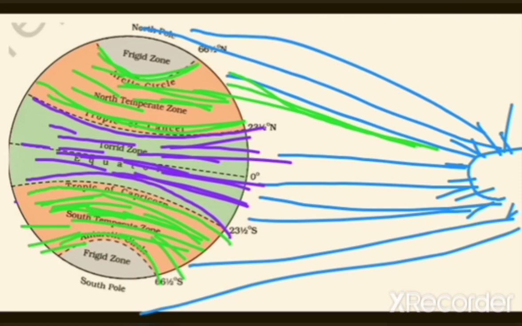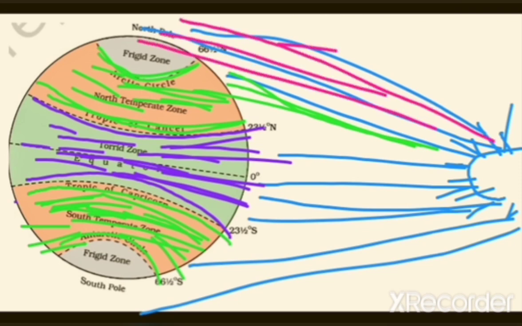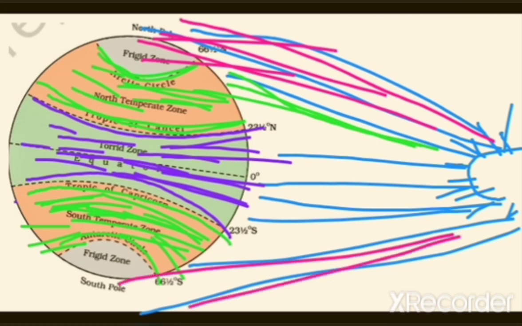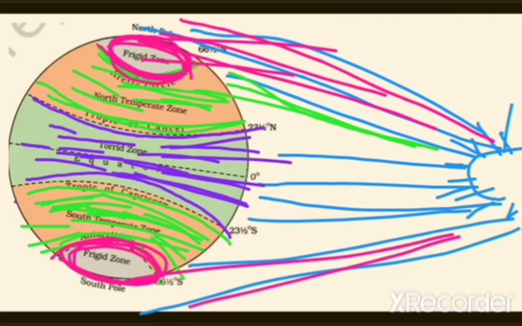Then the third zone, the frigid zone. In this you can see that sun rays are more slanting. That means the area between the Antarctic Circle and South Pole in the southern direction, and the area between the Arctic Circle and North Pole in the northern direction, is known as the frigid zone.